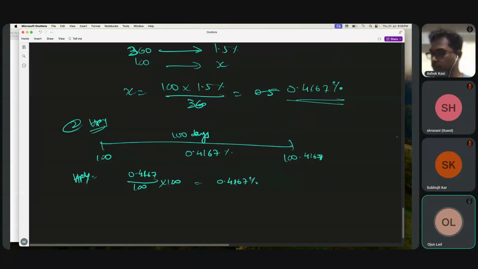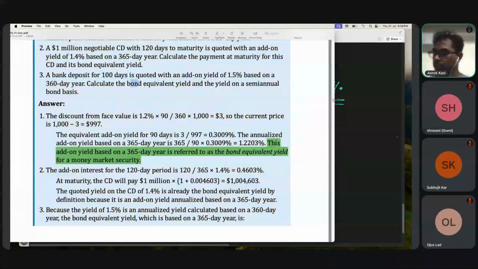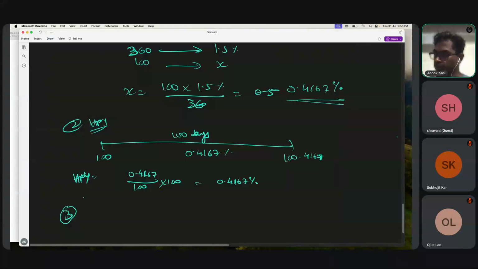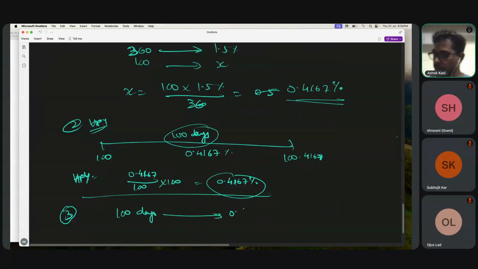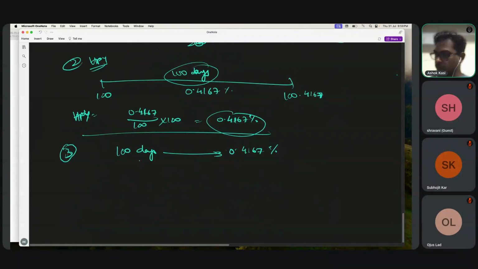Okay, now we will come to the question. The third step is the question itself. They are saying calculate the bond equivalent yield. So this is for 100 days, 0.4167 percent. So for 365 days, what will it be?